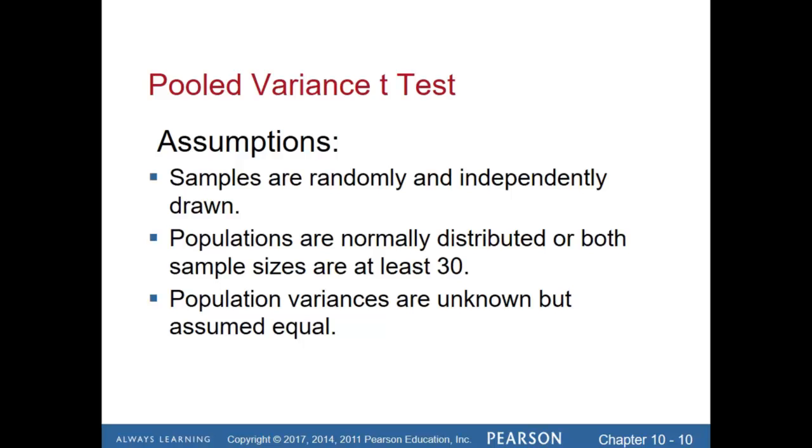And then also, as we just mentioned, while we may not know what the population variances are, we have to be able to assume that they're equal to one another. So you should be able to pick up all of this information in your problem statement.